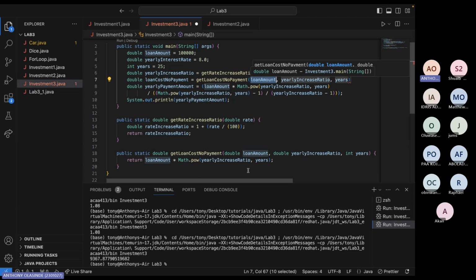Then we supply the loan amount, the yearly increase ratio, and the years. So all we need to do here is just say loan cost no payment.